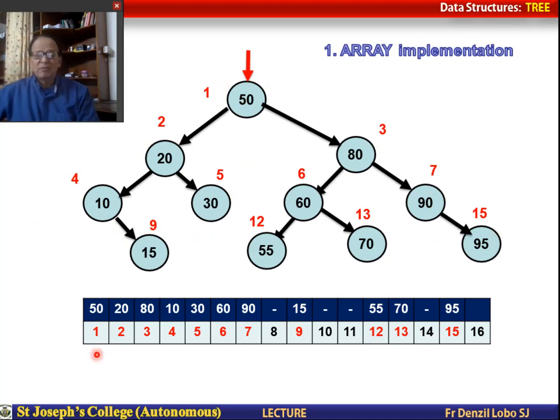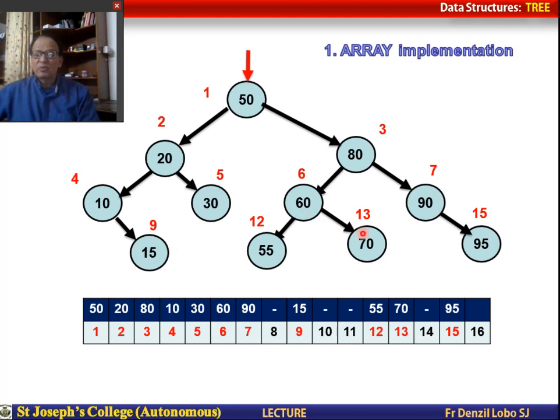Therefore, as you see here, we are using an array. The root goes into space 1, 20 to 2, 80 to 3, etc. 90 goes to the 7th location, the 8th is blank, then the 9th location has 15, 10 and 11 are blank, there are no leaf nodes here.